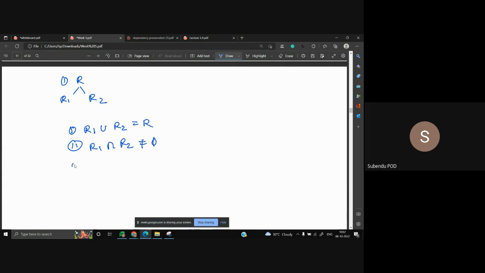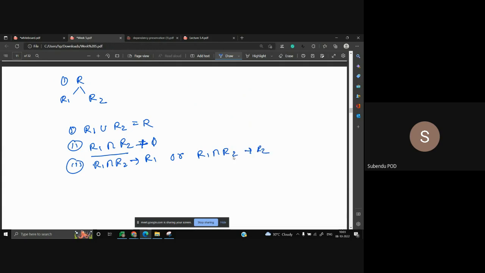If there is nothing common, you cannot take the join; it will be a null set. So there will be some common attribute. The second condition is clear. Yes, sir. Okay, and the third condition is that this common attribute must be a key in R1 or must be a key in R2.